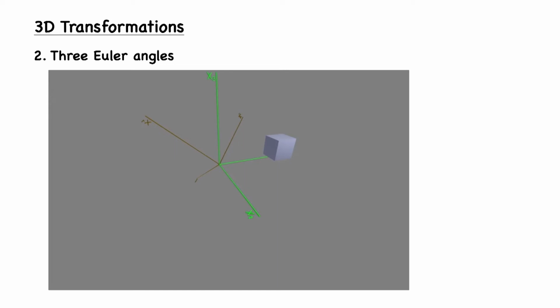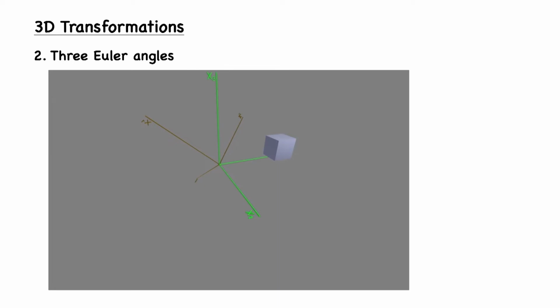This transformation is made up of 3 successive rotations about the 3 axes. So the first would be in the plane x1, x2, the second in the plane x1, x3, and the third in the plane x2, x3. The rotation axes are thus x3, x2, and x1 in that order.